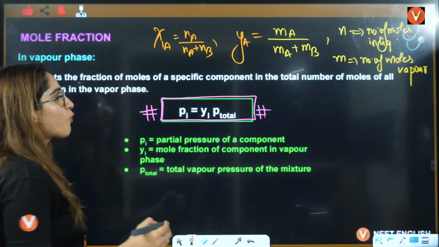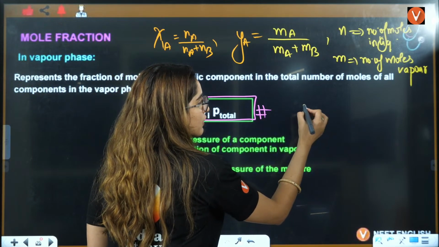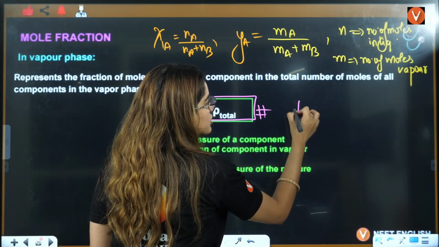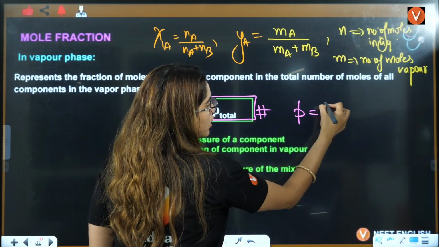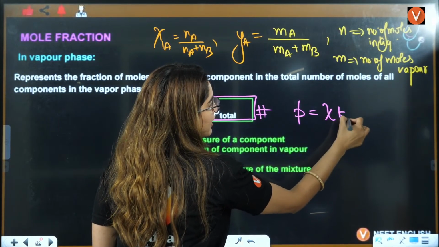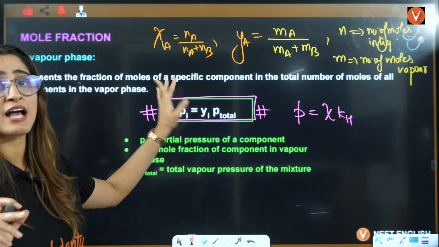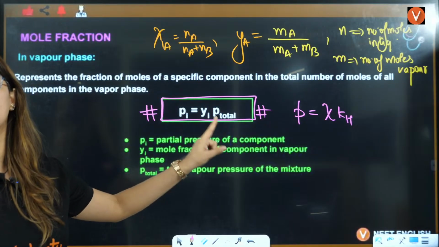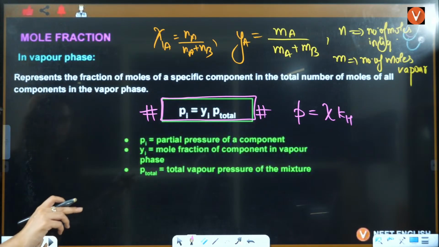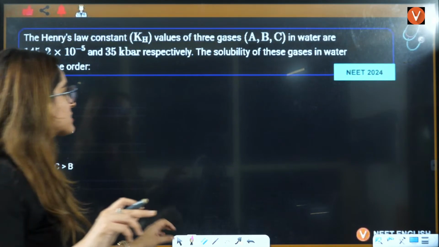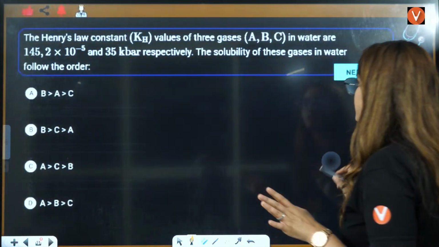See, what was it for mole fraction in liquid phase? That was partial pressure is equal to mole fraction multiplied by kH, right? And this is partial pressure is equal to mole fraction in vapor phase multiplied by total pressure. Right? Got it?